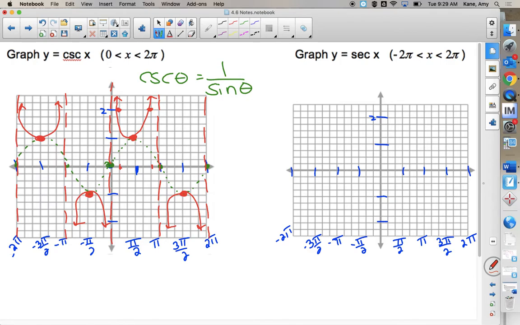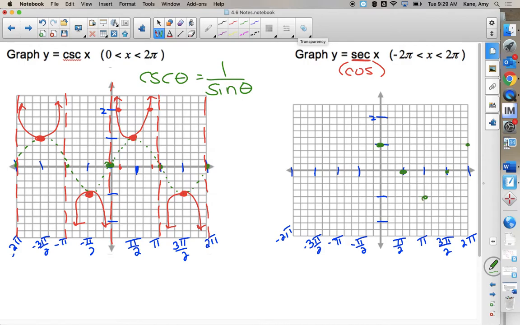So we're really thinking, let's graph cosine first because they're reciprocals. So Carrie, the first point for cosine is 0, 1. So cosine starts up high where sine starts in the middle. And remember, cosine goes down and then it comes back up.